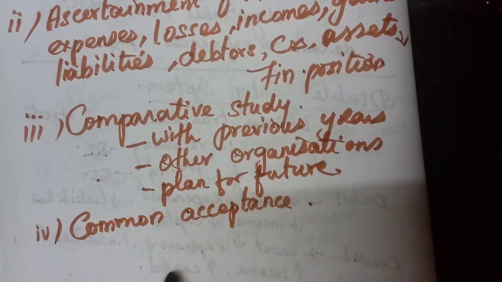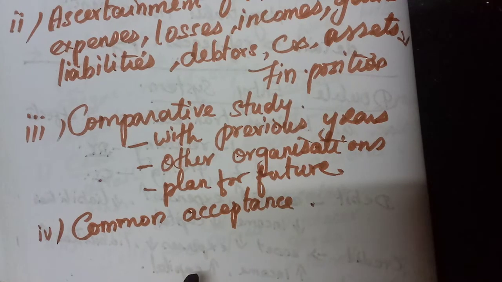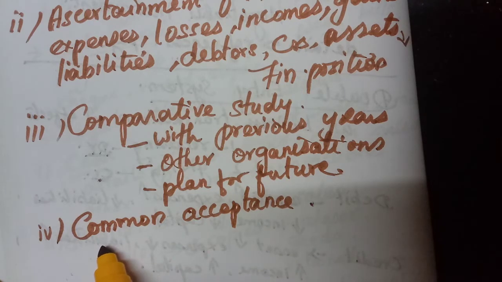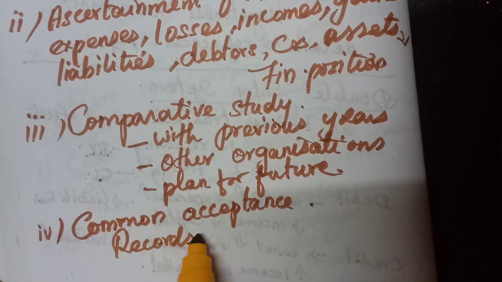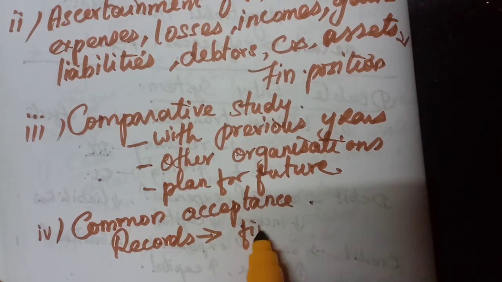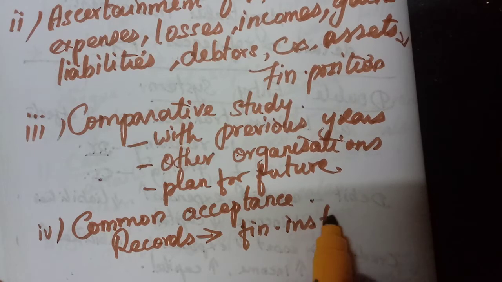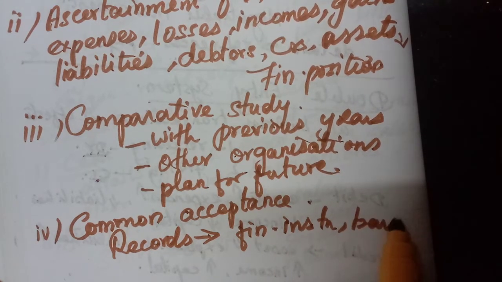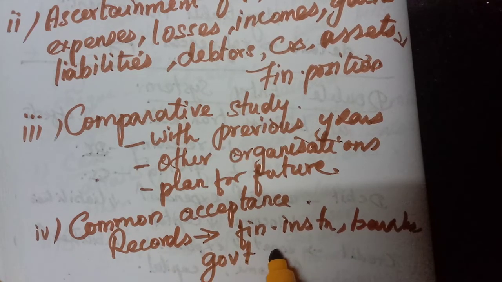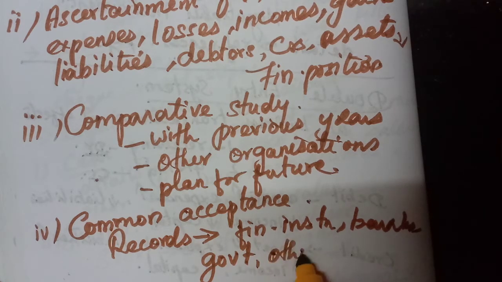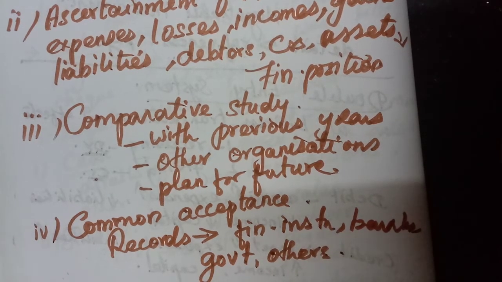Because we are keeping books of accounts under the double entry system, all the records are accepted by financial institutions or banks, then government, and others for disputes, maybe the court of law, maybe the creditors or other people.